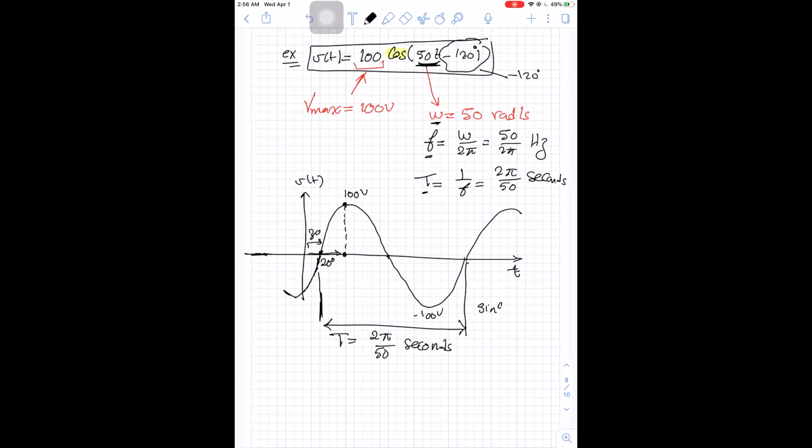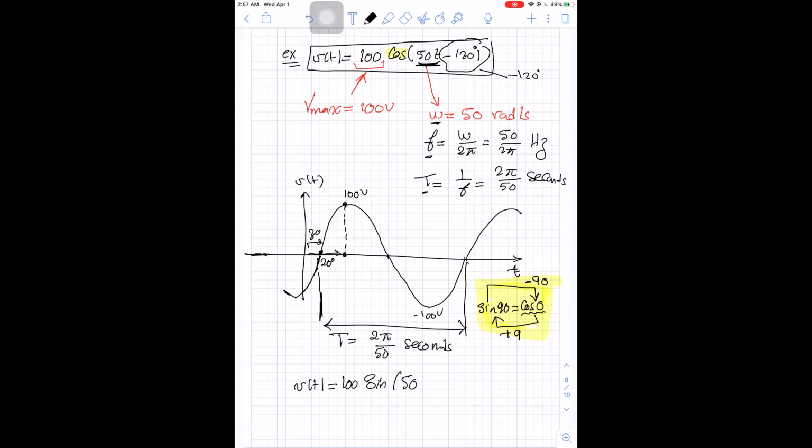You know that sine 90 equals cos 0. So if you have a cos wave and you need to get its sine version, you need to add 90. And if you have a sine wave and you need to get its cos version, you have to subtract 90. So keep in mind this simple rule so you can know how to move from sine to cos and vice versa.